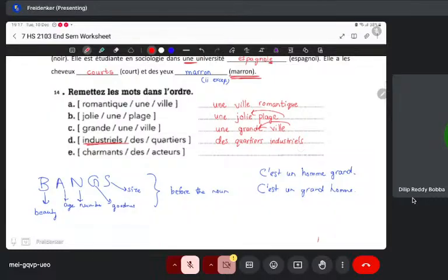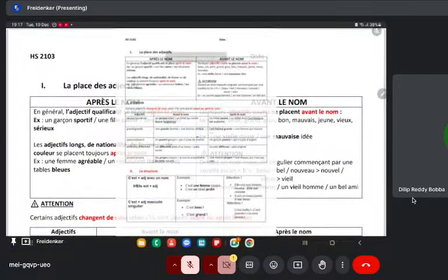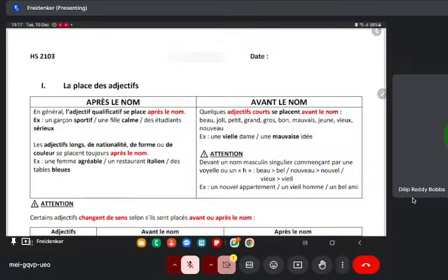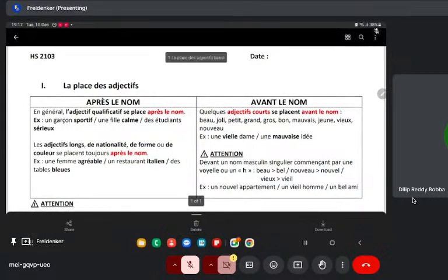So it comes afterwards. Des acteurs charmants. We are talking about the quality of the actors, right? So I think that will come under the left column. Nationality, color is fine.